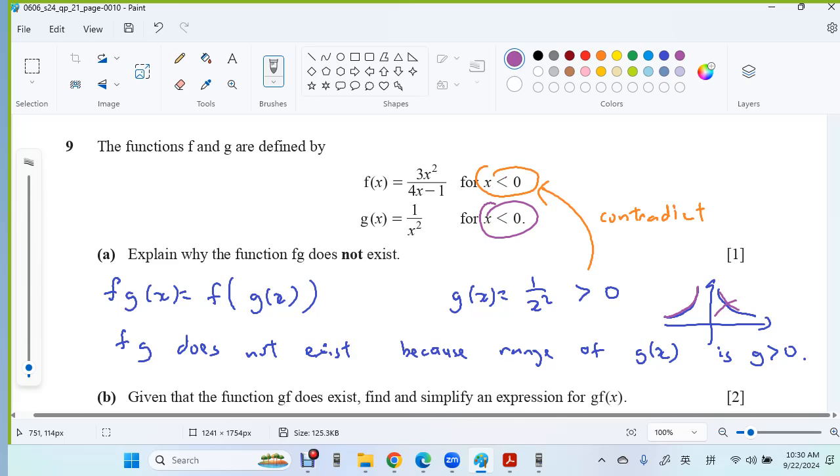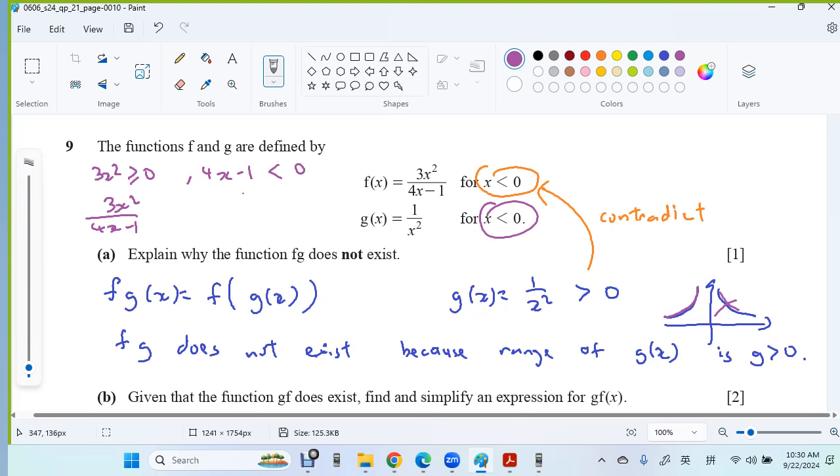I know that 3x squared is always greater than or equal to 0. And then the 4x minus 1. So 3x squared over 4x minus 1. When x is less than 0, then 4x minus 1 is less than 0.